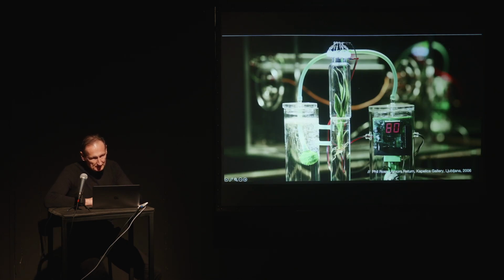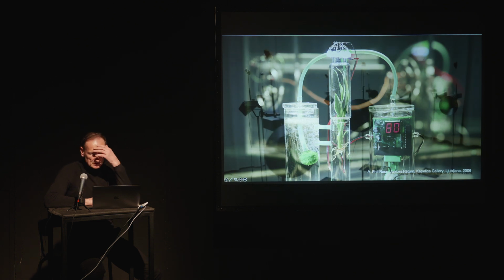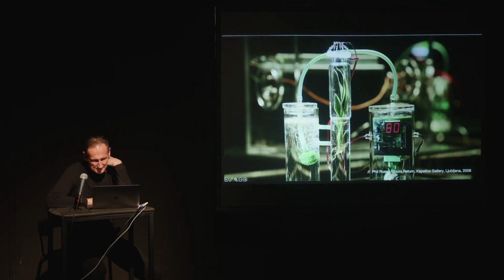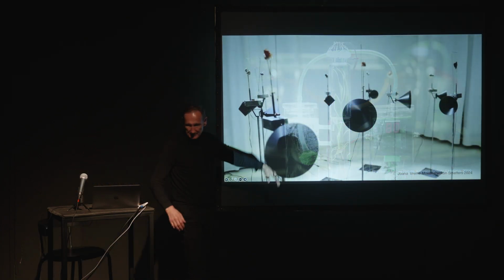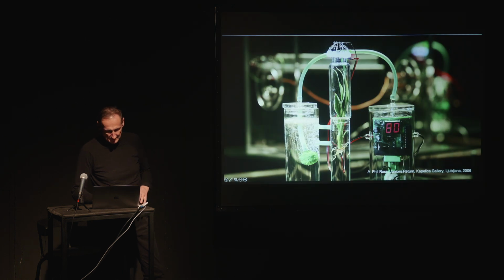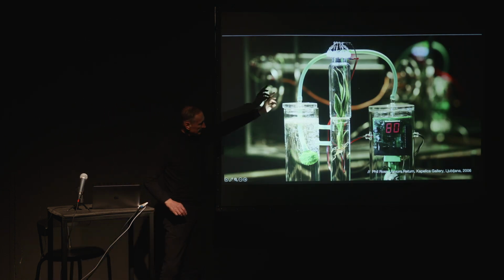Speaking about the plants and water, this work of Phil Ross came to my mind. Phil Ross was planting a plant inside a test tube.